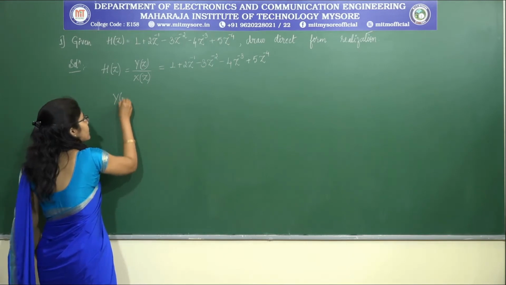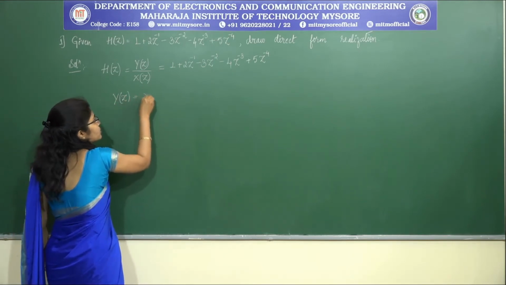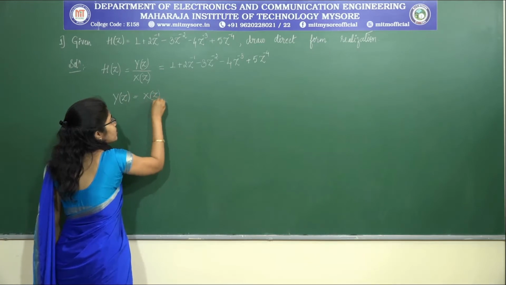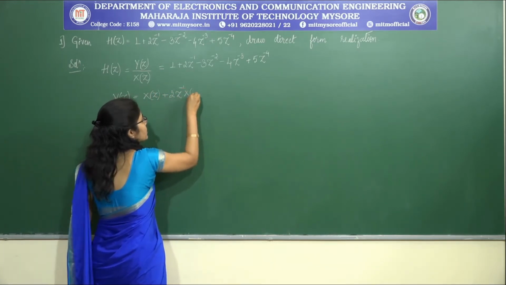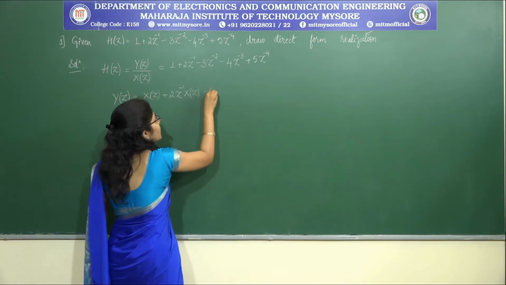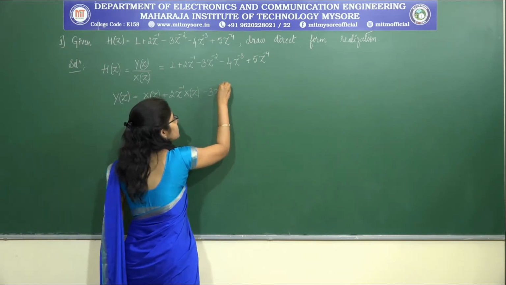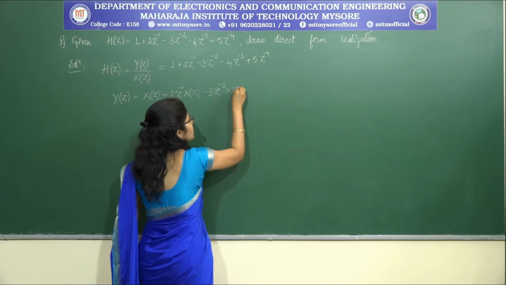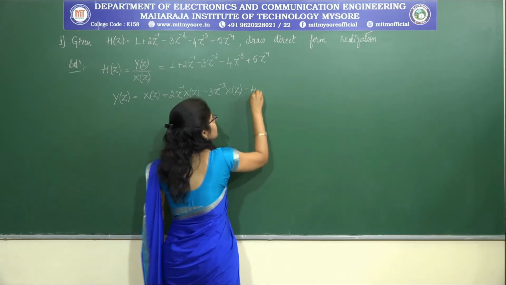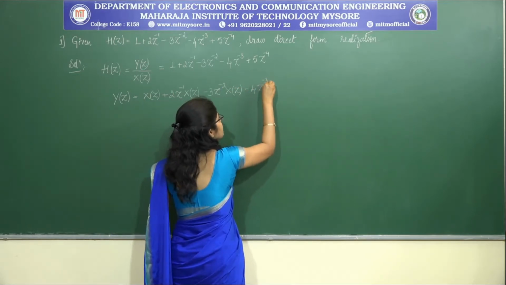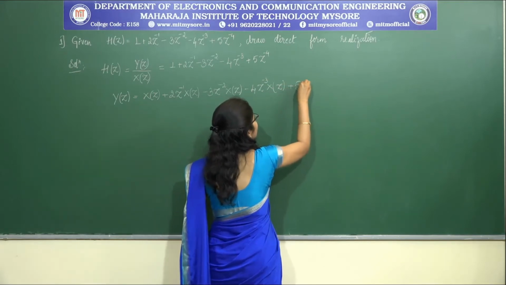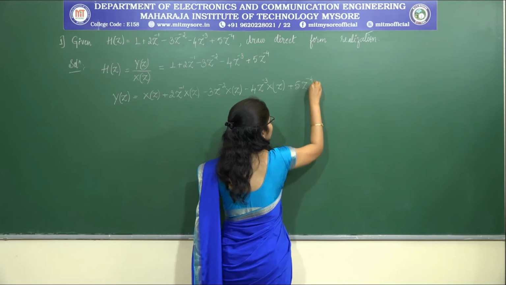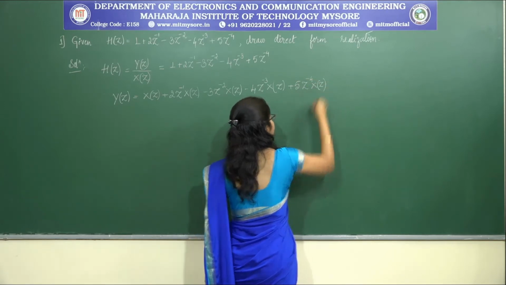Therefore, y of z will be equal to x of z plus 2z inverse into x of z minus 3z power minus 2 into x of z minus 4z power minus 3 into x of z plus 5z power minus 4 into x of z.